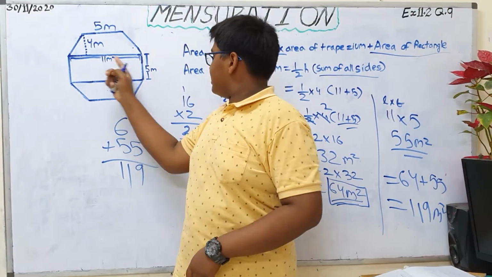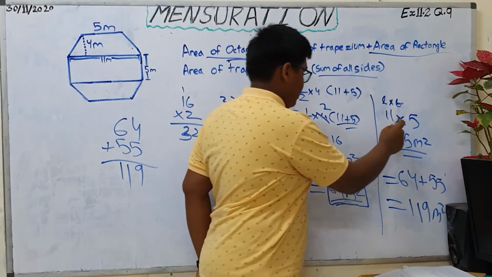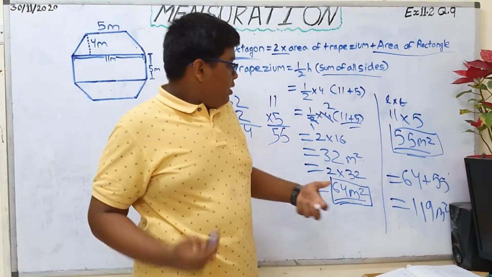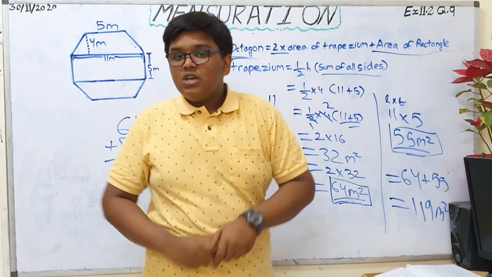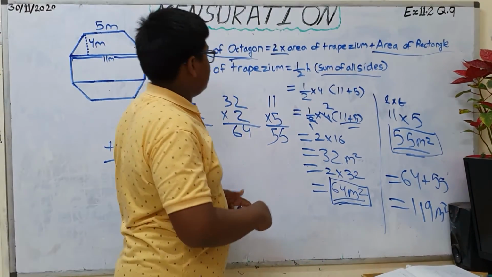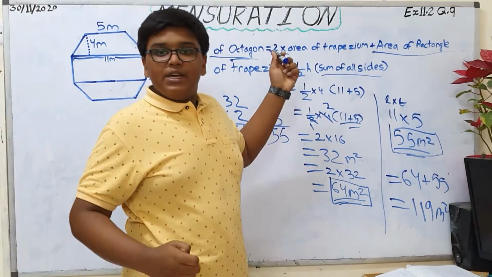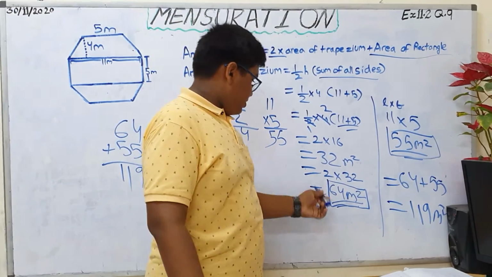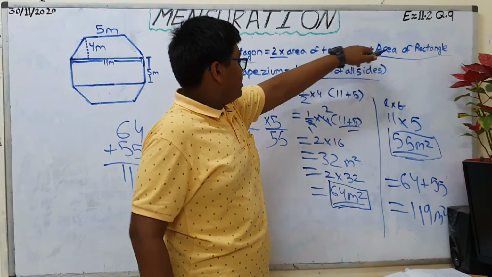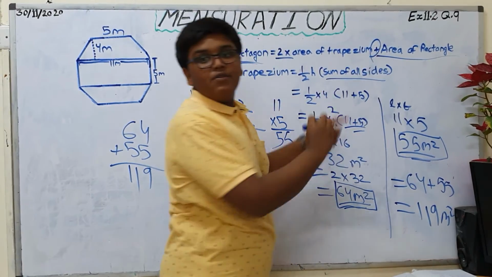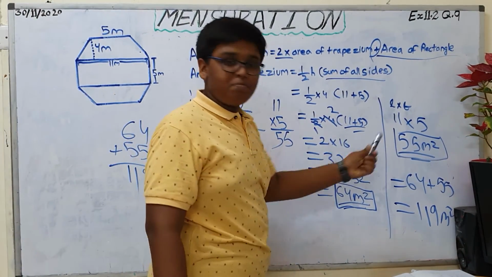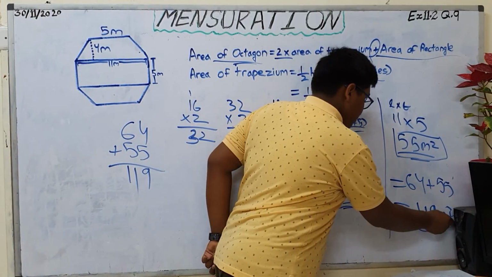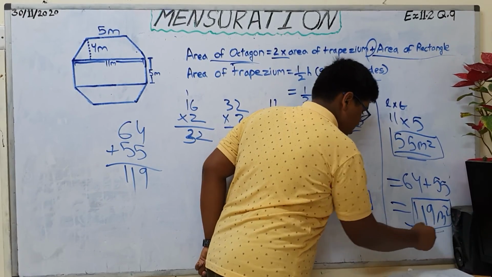We multiplied length into breadth. When we did so, we got the answer as 55 meters square. Now as per this method, we took the area of the 2 trapeziums and the area of the rectangle, which was 64 plus 55, the sum. So 64 plus 55, we got the answer as 119 meters square. So this is the final answer.